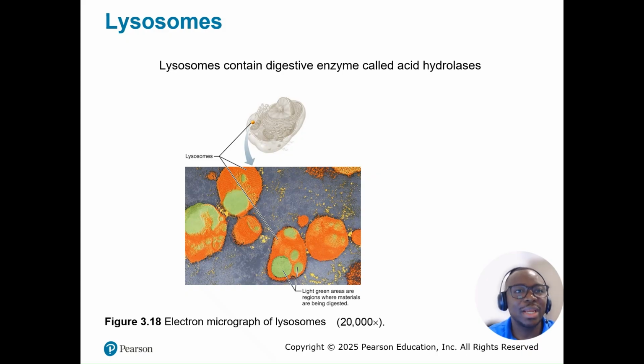The next organelle is the lysosome. Lysosomes are spherical membranous organelles containing digestive enzymes, also called acid hydrolases. Lysosomes digest ingested bacteria, viruses, and toxins. They also degrade non-functional organelles.